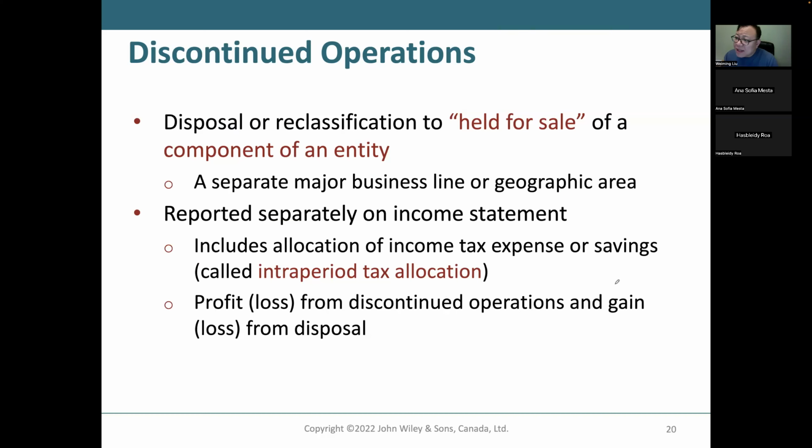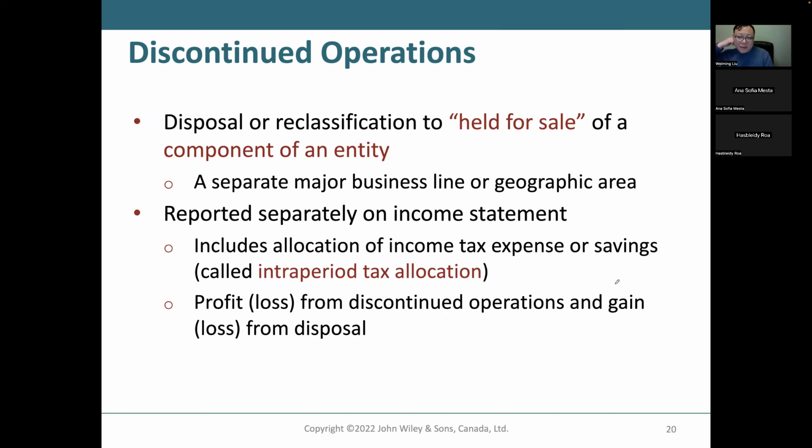And if there are any assets, like a factory, buildings, or equipment related to that discontinued operation, you probably need to sell or dispose of them, right? If the asset will not be used in the operation because the operation is discontinued, and you are going to sell it but it hasn't been sold, it's still on your balance sheet, but you need a separate line to highlight that this asset is for sale.